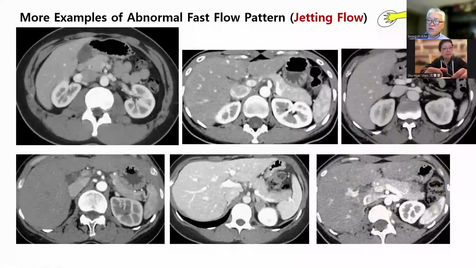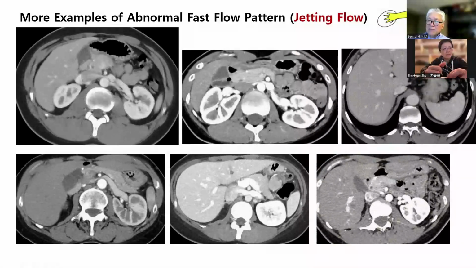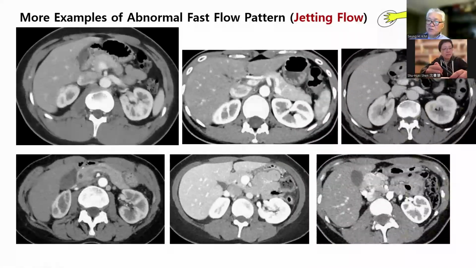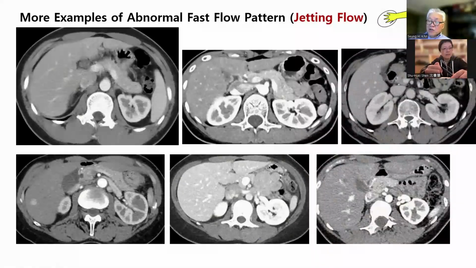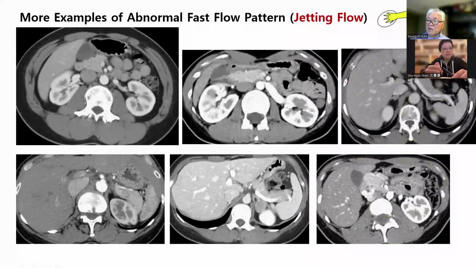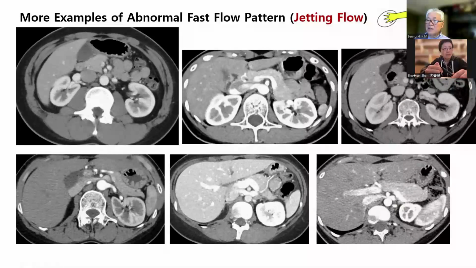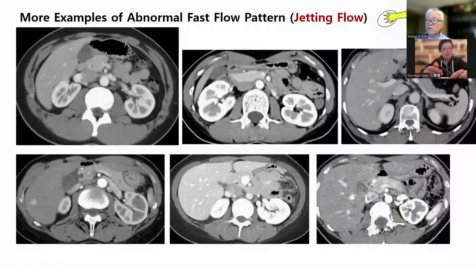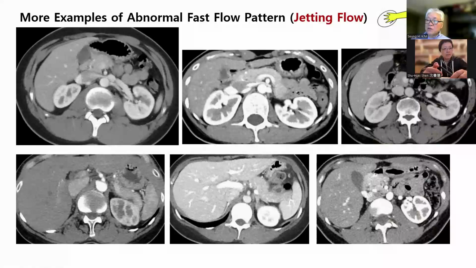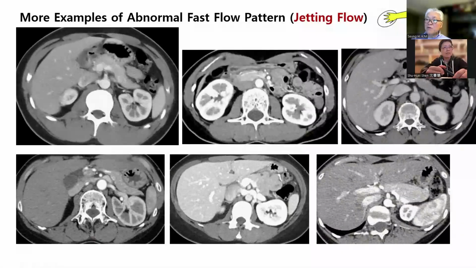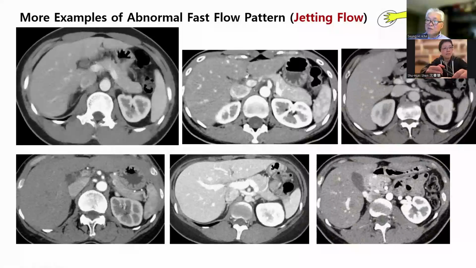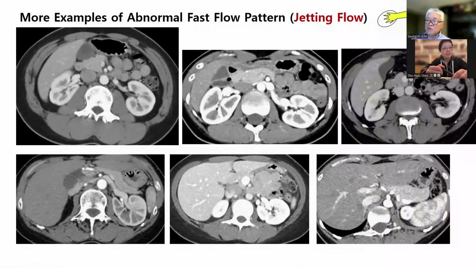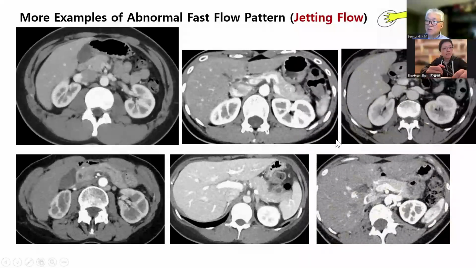So if we want to see the left renal vein compression more clearly with CT, maybe we recommend doing the CT scan with the patient holding their breath at end expiration. Then probably we can see more compression of the left renal vein, and more of the jetting or floating flow pattern.